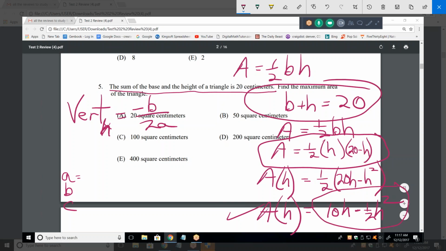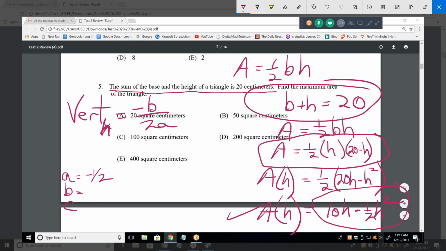What's a? Minus 1/2. Do not drop negative signs. There's an unbelievable tendency for students to want to drop negative signs. Cannot. What is b? Negative 10? You see a negative sign in front of that 10?